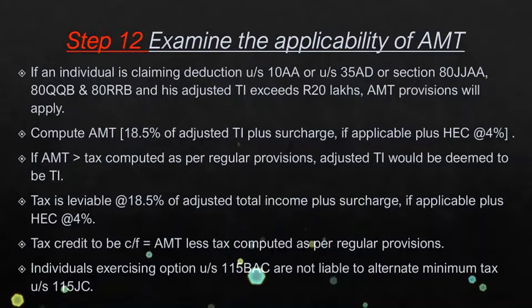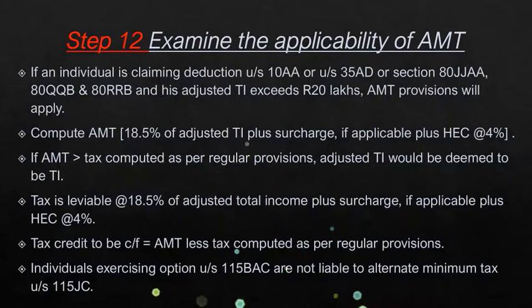Compute AMT at 18.5% of adjusted TI plus surcharge, if applicable, plus HEC at 4%. If AMT is computed as per regular provisions, adjusted TI would be deemed to be TI. Tax is leviable at 18.5% of adjusted total income plus surcharge, if applicable, plus HEC at 4%.